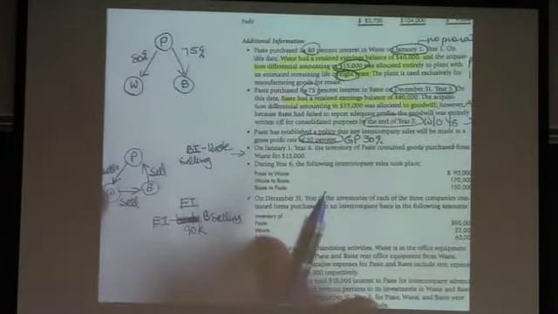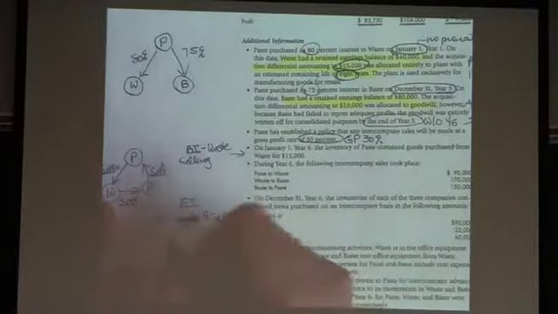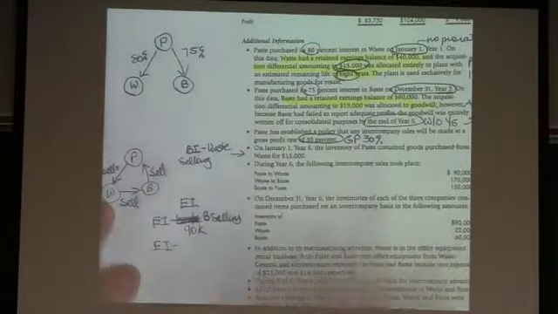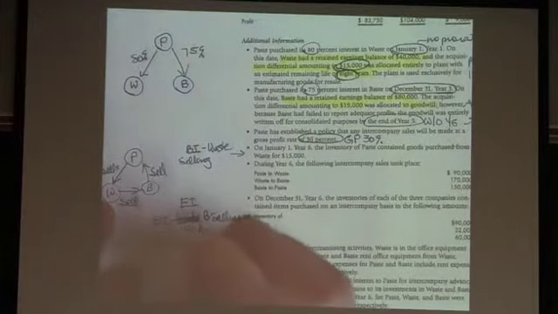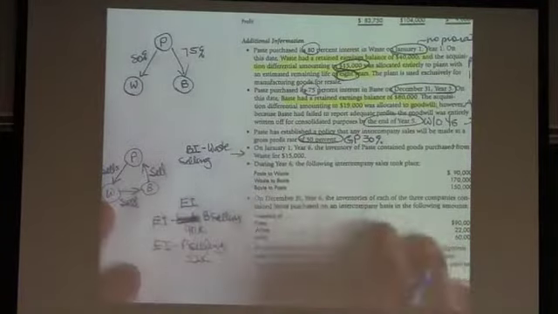Next we've got inventory in W. If W has inventory, that means it must have been P that sold that inventory, right? And that would be 22,000, so it's P selling, and that's for 22,000.